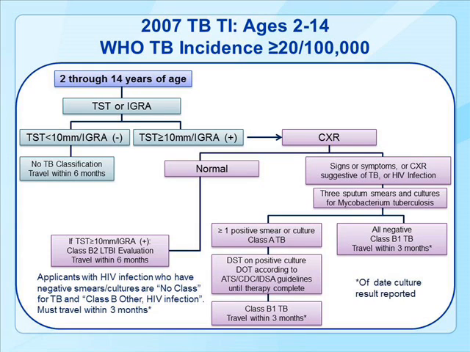If any of the smears were smear or culture positive, that is, any of the specimens, then drug susceptibility testing would be performed on the positive culture, and the patient would need to be treated to ATS, CDC, IDSA guidelines by directly observed therapy until therapy is complete, and then could travel within that 3-month period. So quite different from the 1991 TIs.